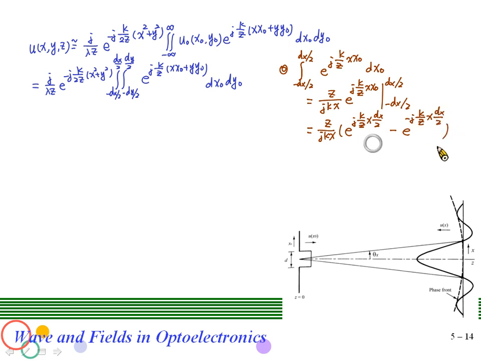Clearly it will form a sine function, so the result will be z over jkx times 2j times sine of k d sub x over 2z times x.